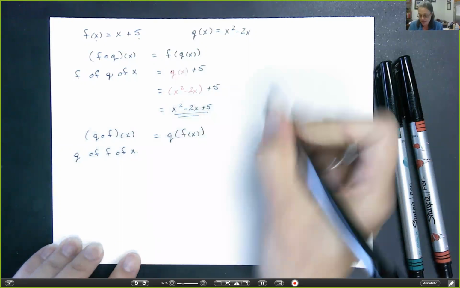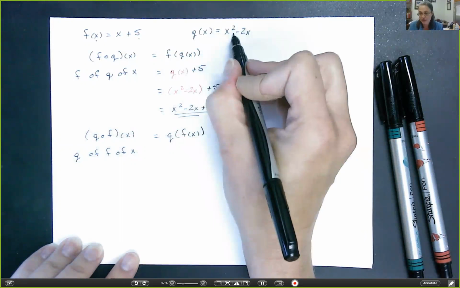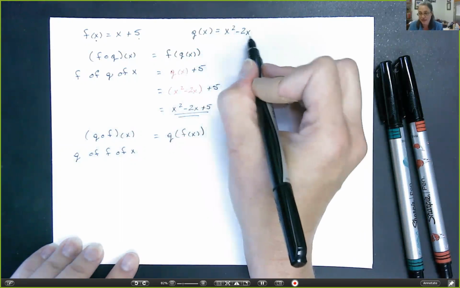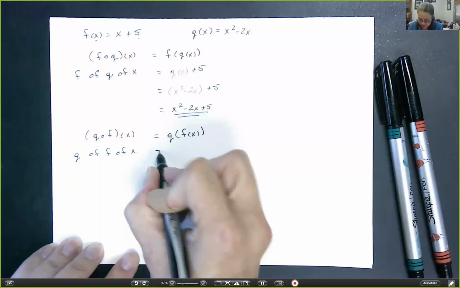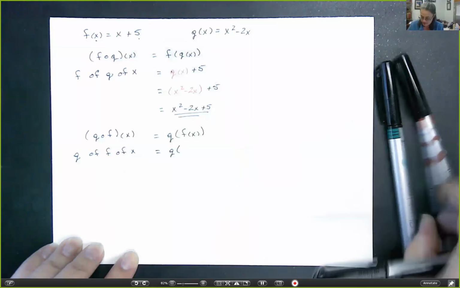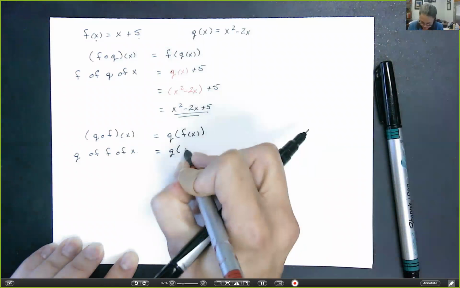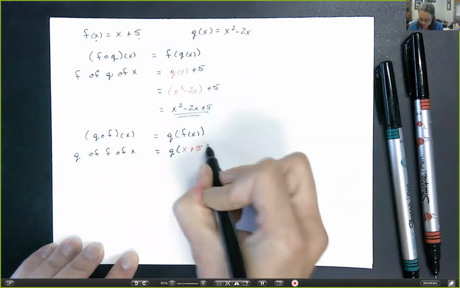G says take whatever's in the parentheses, square it, and then subtract 2 times that thing. So we can think of this as G of whatever F is, which is x plus 5.